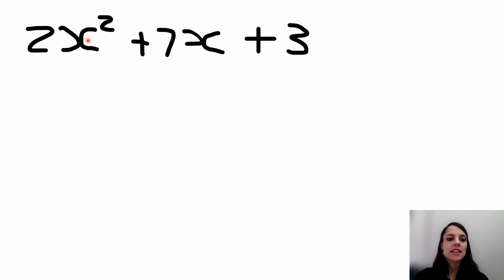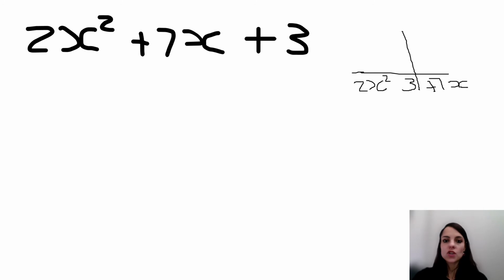You will see that in this sum we have a coefficient for x squared. So it's not just x and x, it is a 2x squared. You work with the same principles. You first draw, but now you have a 2x squared and not just an x squared. We still have our 7x, and you can put your positive just to remember, and we have our 3.